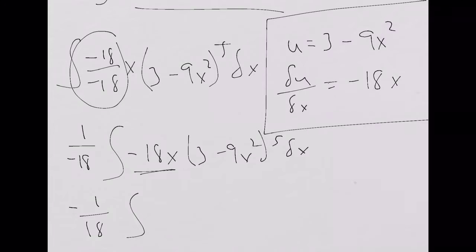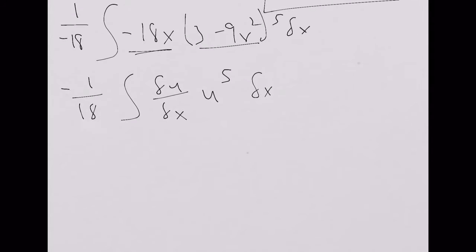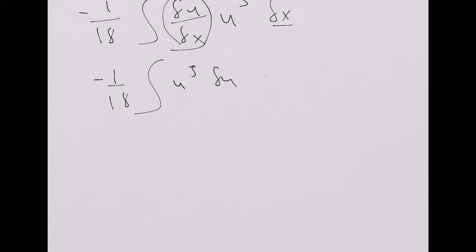Negative 18x is my du dx. 3 minus 9x squared, that's my u. U to the 5th dx. A little rearranging. I have u to the 5th du dx, right? But I'm multiplying by a dx, kind of. And so I just have du.